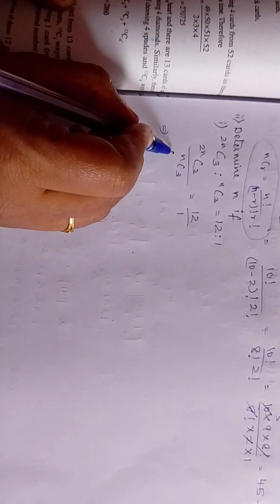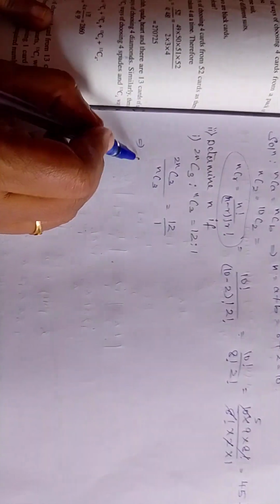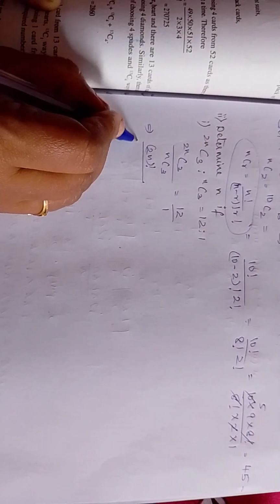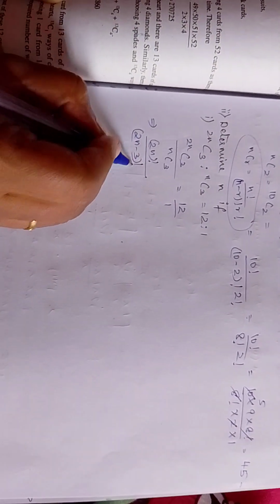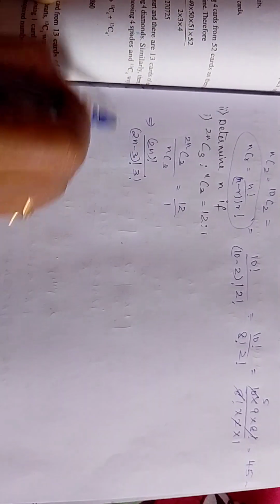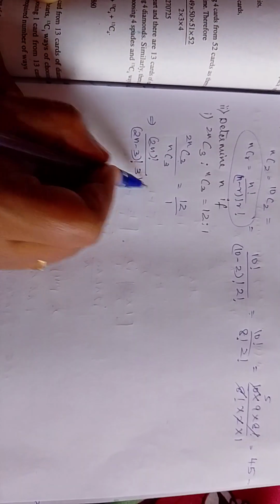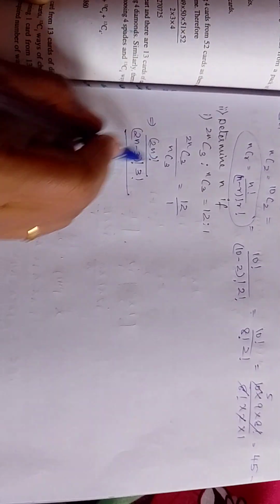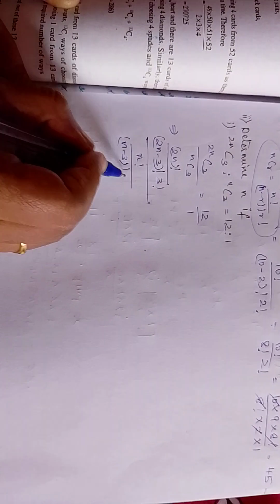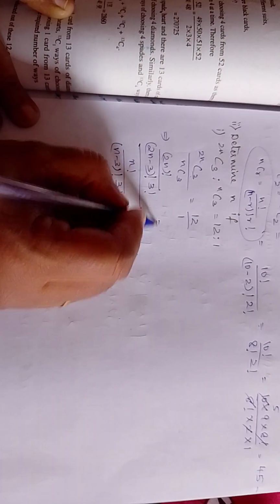So this is nothing but 2n factorial by 2n minus 3 factorial into 3 factorial, our r is 3, correct? Divided by n factorial by n minus 3 factorial into 3 factorial is equal to 12.